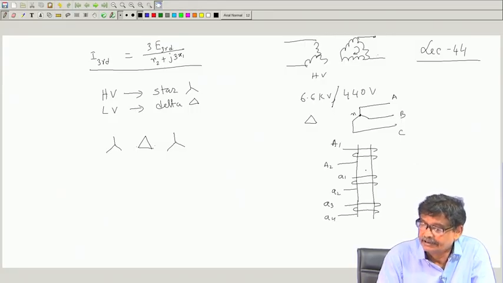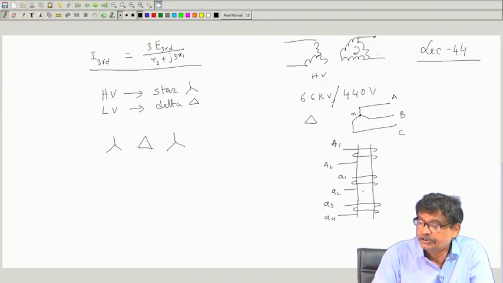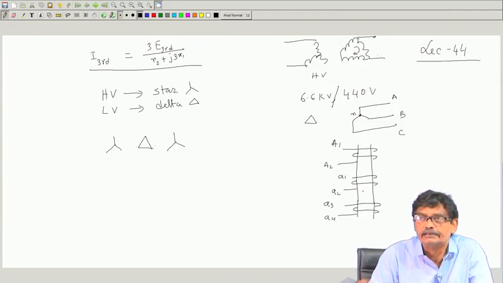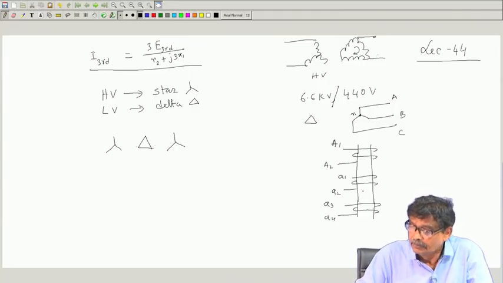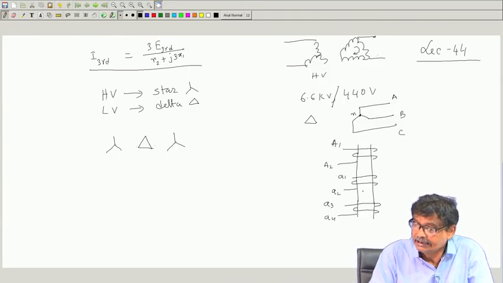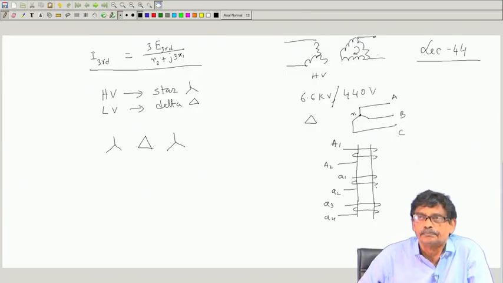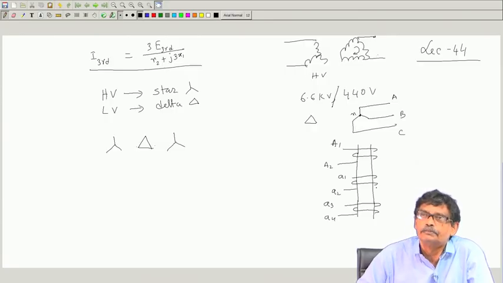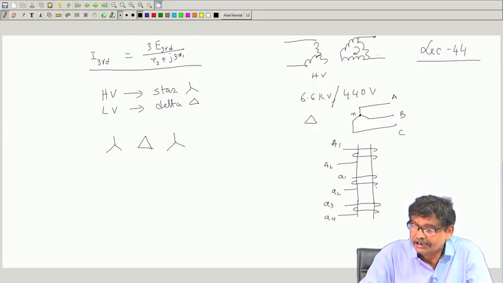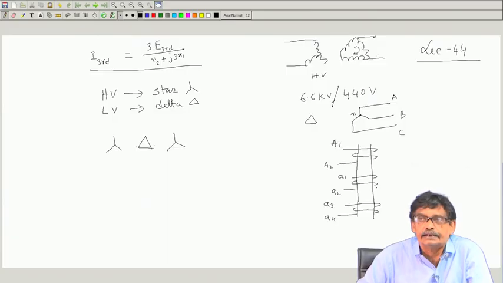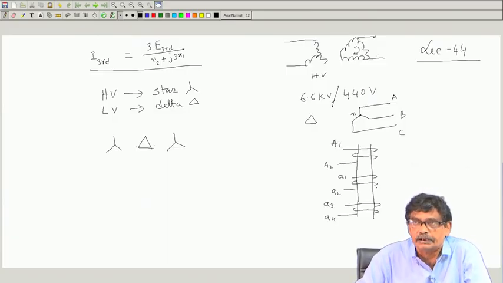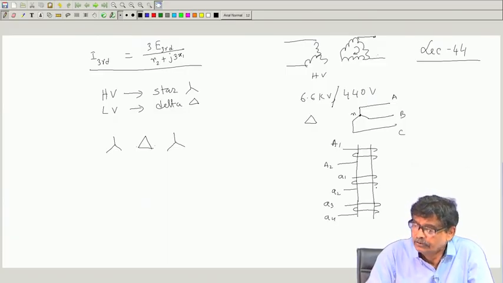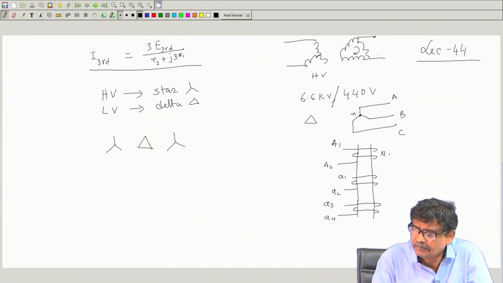Two separate secondaries are there for each primary, similarly for B phase and C phase. Now, in this case, these two turns may not be the same. In the case of zigzag connection, we saw this type of secondaries present, but those two secondaries were identical, having the same number of turns. You recall that? So, here it is N1, maybe this is N2, this is N3.